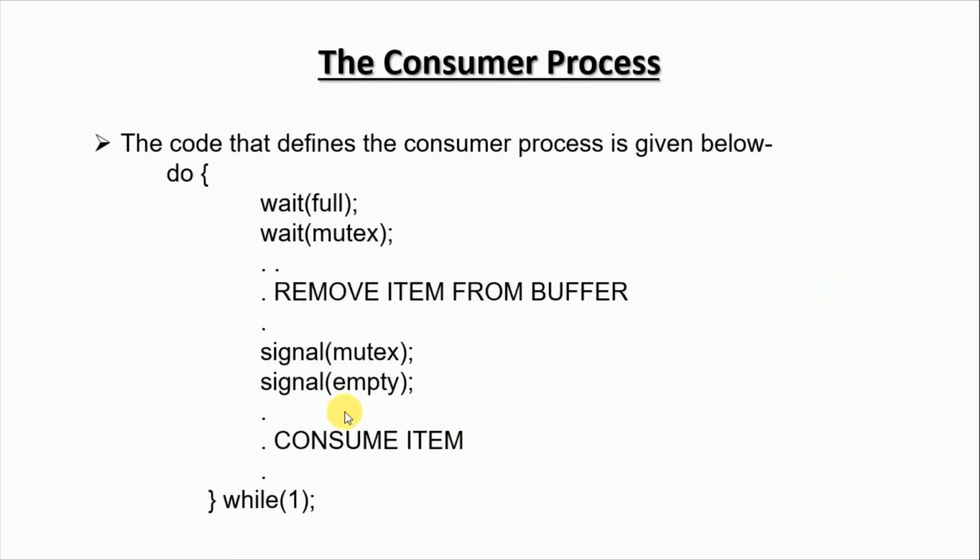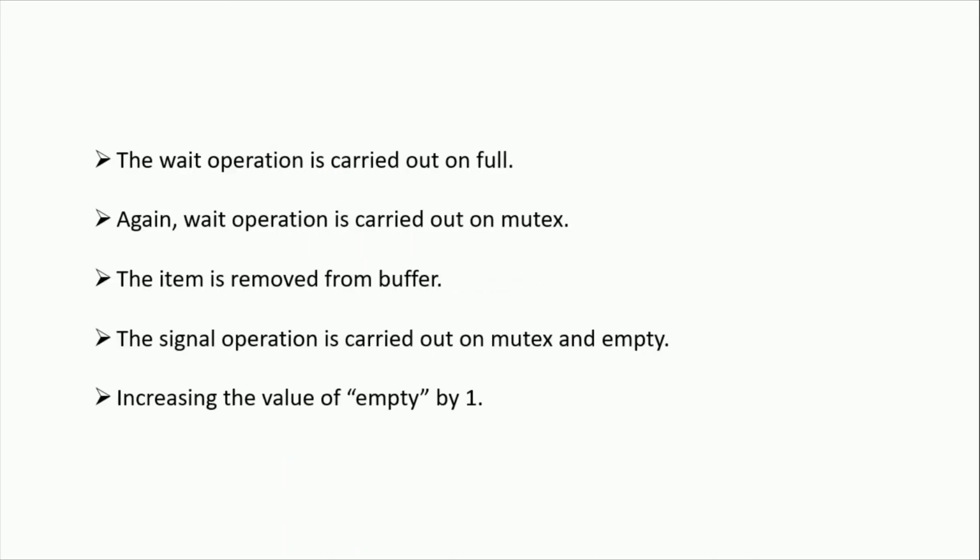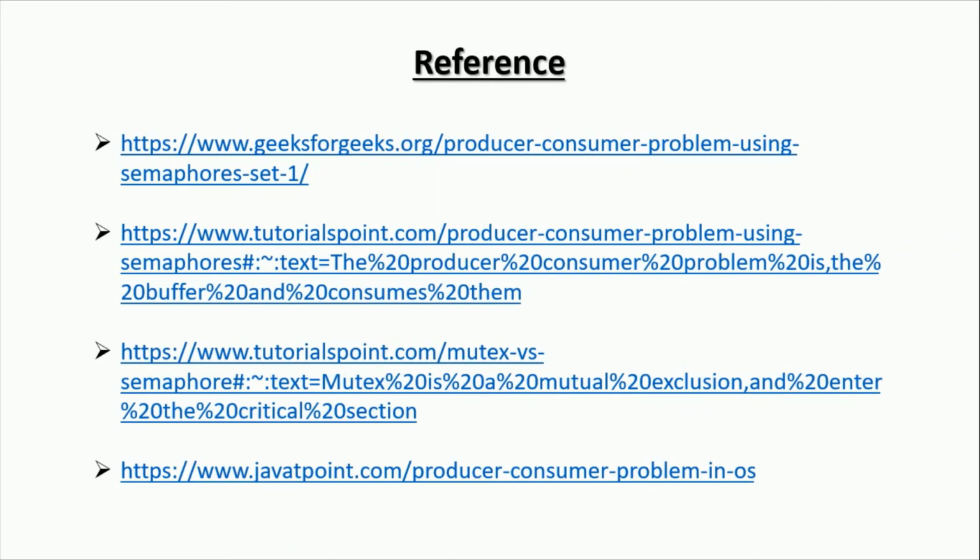As you can see, the signal operation is carried out on mutex and on empty. Once these steps are done, the item can be consumed by the consumer. So that's the end of the consumer process here. So finally we get the complete solution for the producer-consumer problem. Thank you.